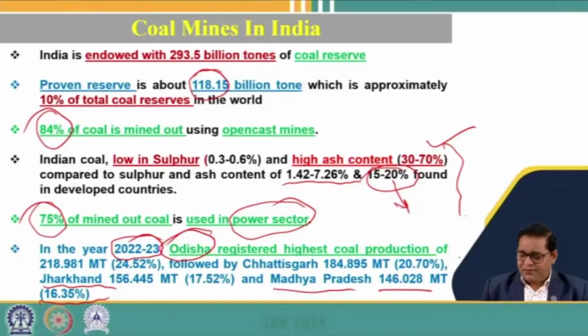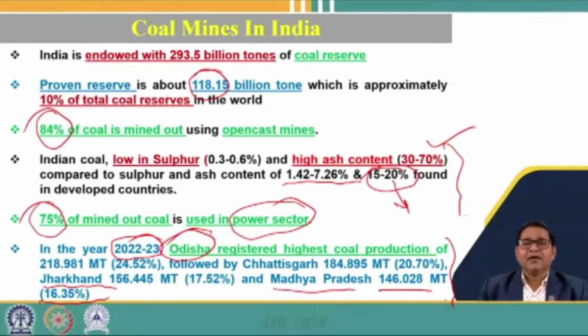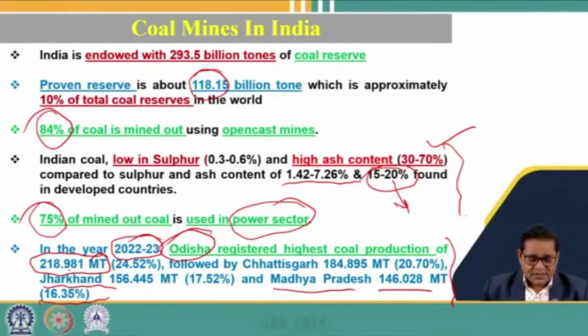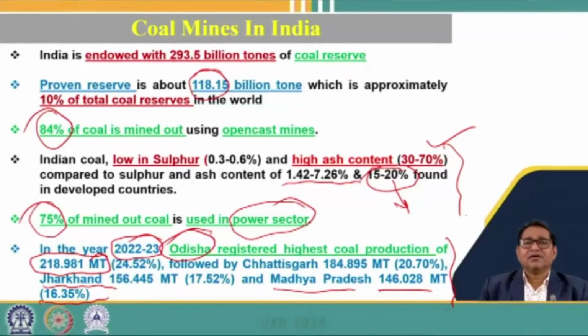Odisha produces around 25% of the total coal mined in our country, that is around 218.981 million tons. So this is the basic introduction about the coal mines in our country.